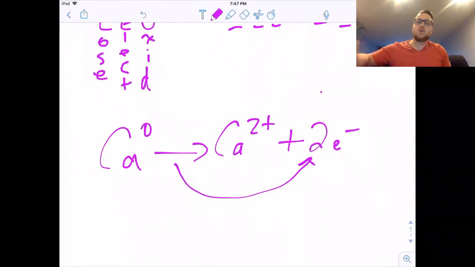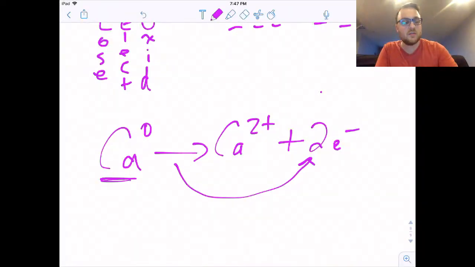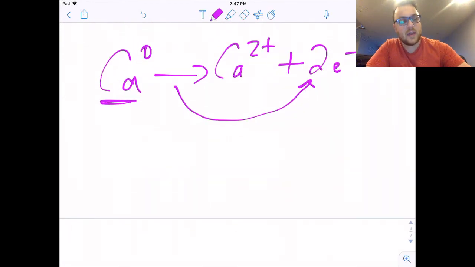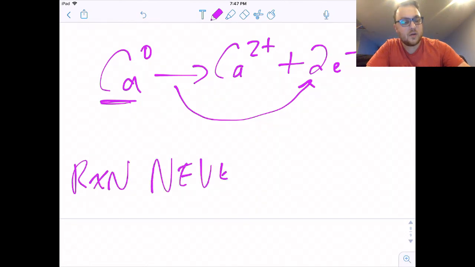And in this case, since you're producing 2 electrons, that means those electrons have left calcium and gone into zinc. So, to show electrons being lost, you write +2e minus on the right-hand side of the reaction. A chemical reaction, any chemical reaction, never uses subtraction. So don't do it.